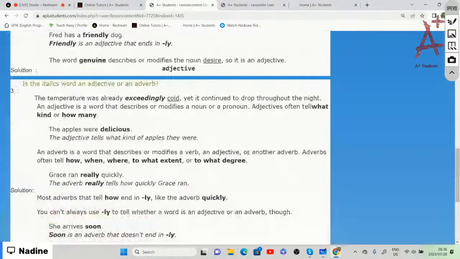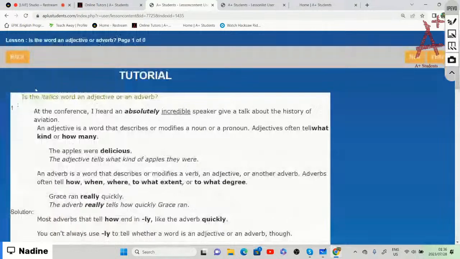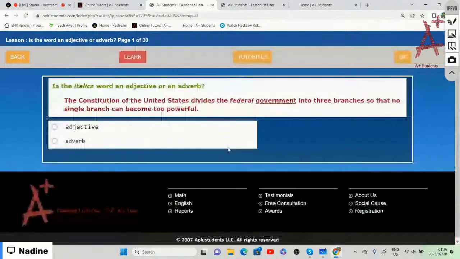All right, so now we are going on to our test, where we're going to say if the word is either an adjective or an adverb. Is the word in italics an adjective or an adverb? The Constitution of the United States divides federal government into three branches so that no single branch can become too powerful.